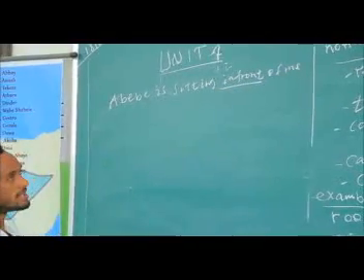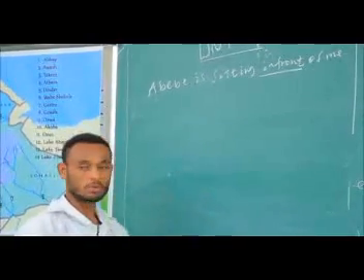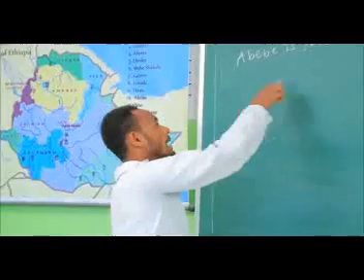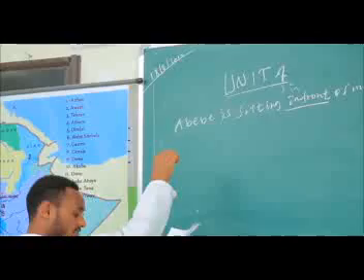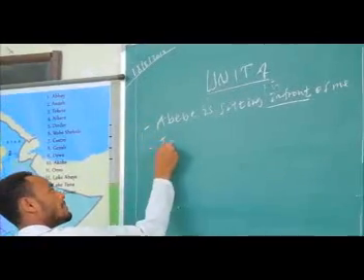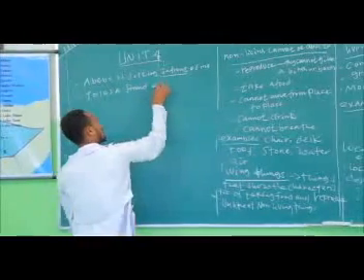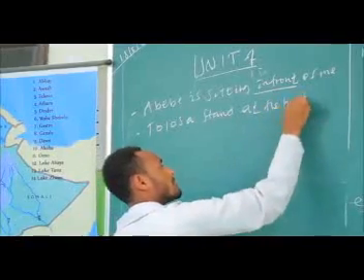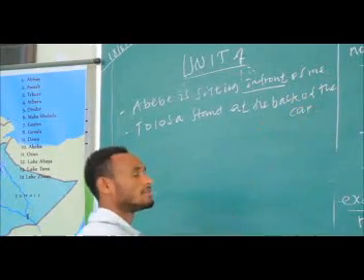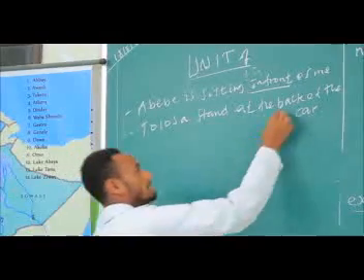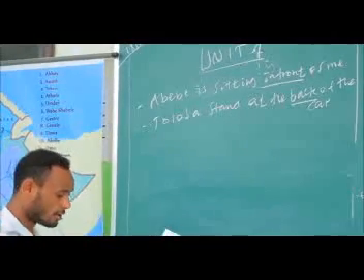You see, students, this is the way by which we locate, or describe, a given object. So a baby is sitting in front of me. The second one is, for example, Tolosa stands at the back of the car. This is the way by which we locate a given object.